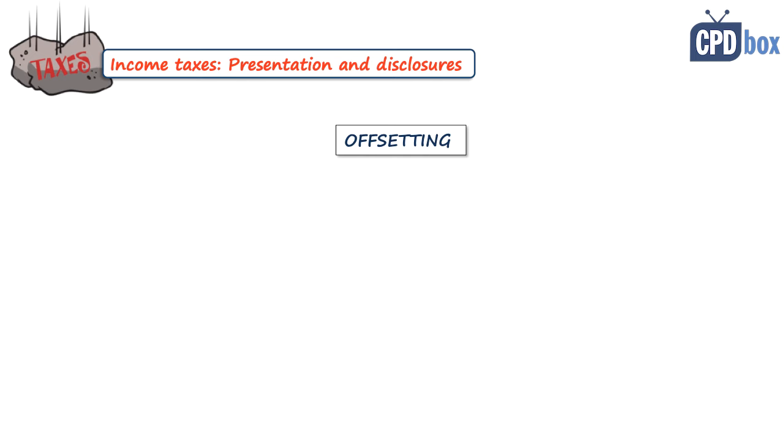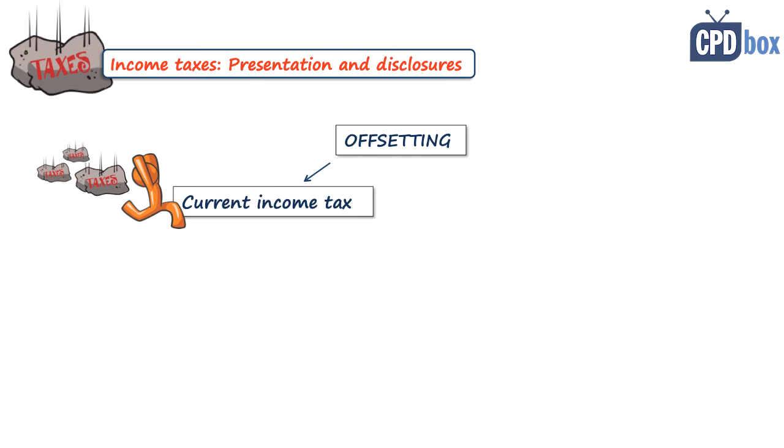Well, with regard to current income taxes, you might offset assets and liabilities when two conditions are fulfilled. So, the first one is that the entity must have a legally enforceable right to set off the recognized amounts. And in most cases, this condition is fulfilled when the taxes are levied by the same tax authority who agreed to settle on the net basis.